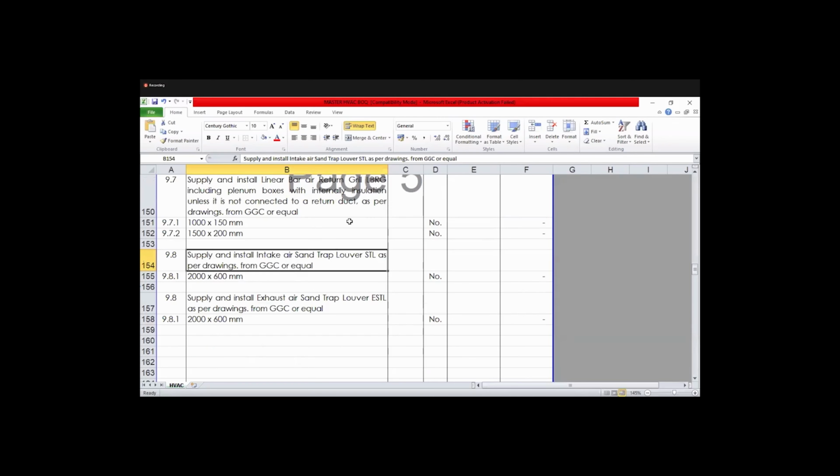So what are louvers? If you are providing an exhaust fan, meaning the exhaust system, we have to provide the louvers on the exterior of the fans.